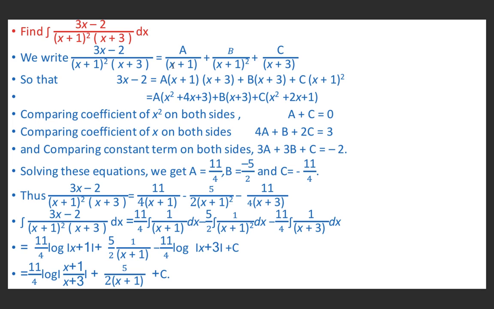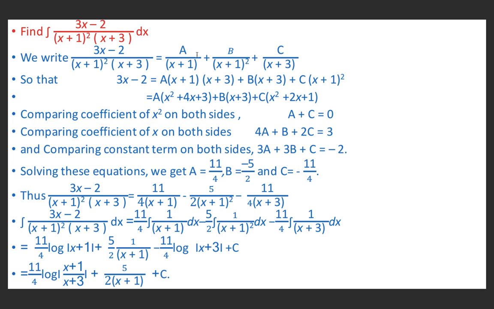Now you know how to add these functions. The LCM will be (x plus 1) whole square into (x plus 3). So on the right hand side we have 3x minus 2. Because the LCM is the same on both sides, in the denominator we have the same term, so I have not written it in the next step.